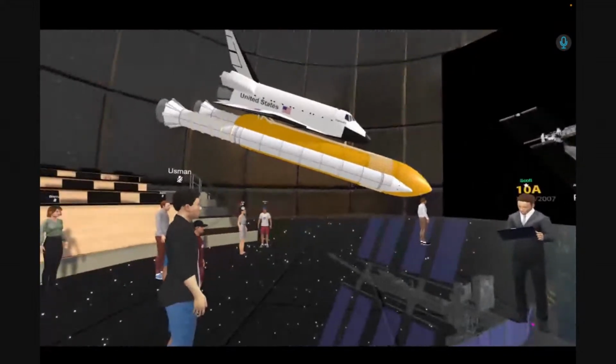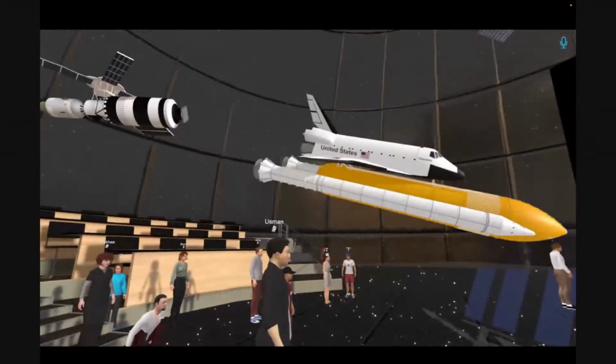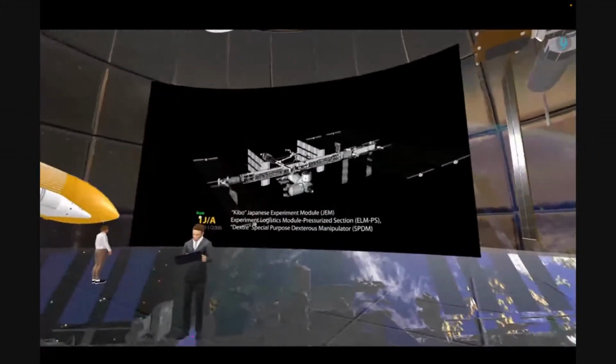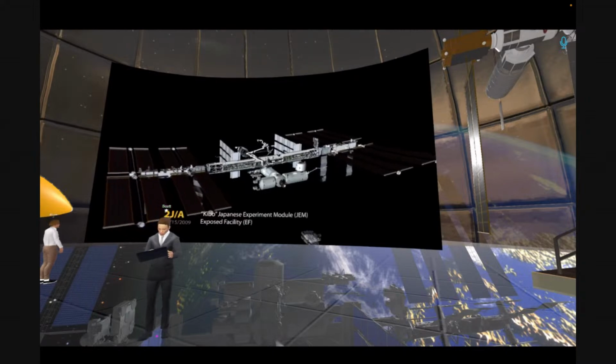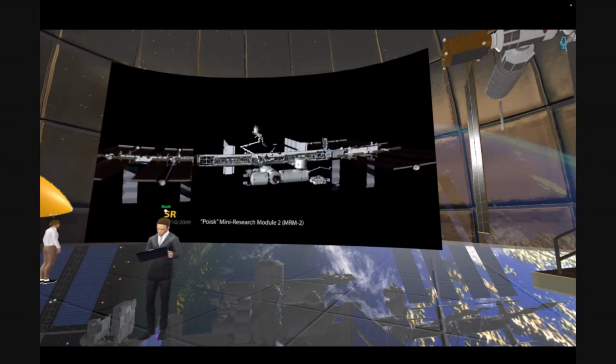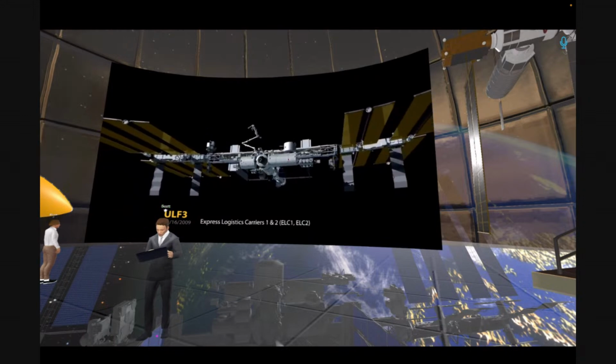Then there gets to be a new node that's called Harmony, and that enables more modules. That's the Columbus module from Europe, and that's the Japanese module. And now there's more laboratories. And with more laboratories comes the need for more power and more solar panels.